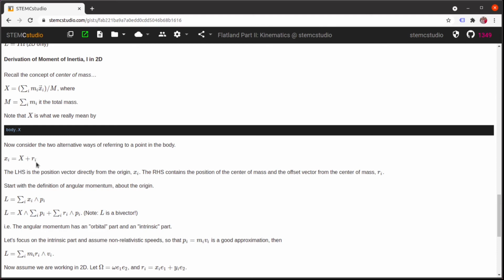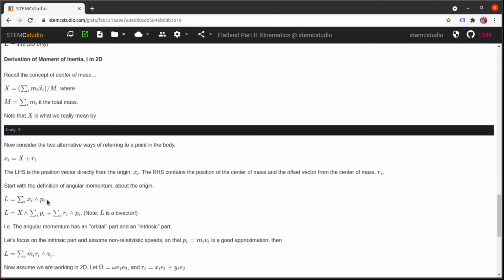Okay, so let's start with the definition of the angular momentum of the body. It is by definition just the sum of the momenta of the individual mass points in the body, wedged with their position from the origin, all the way from the origin.